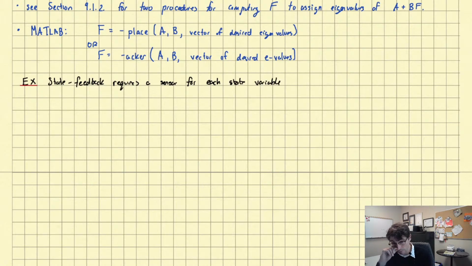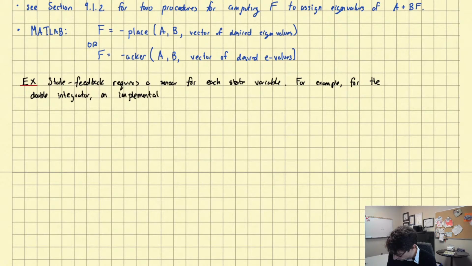And to give you a diagram of what this would look like, consider the double integrator that we looked at last class. For example, for the double integrator, an implementation diagram might look like this.